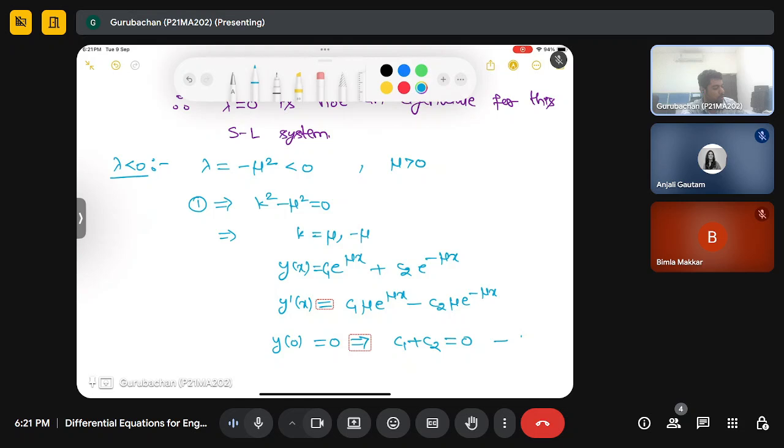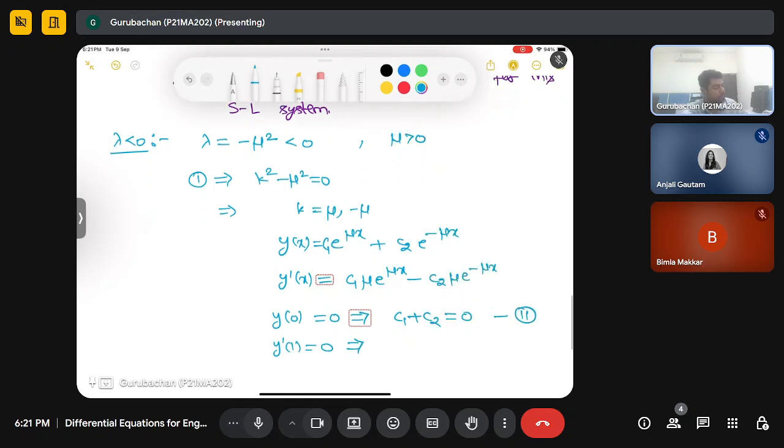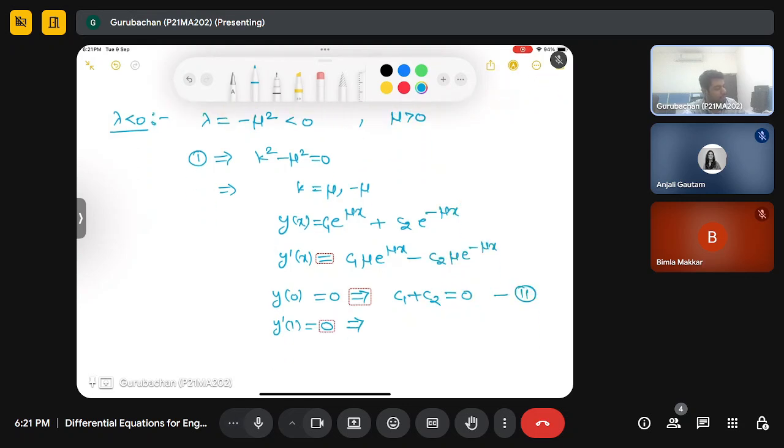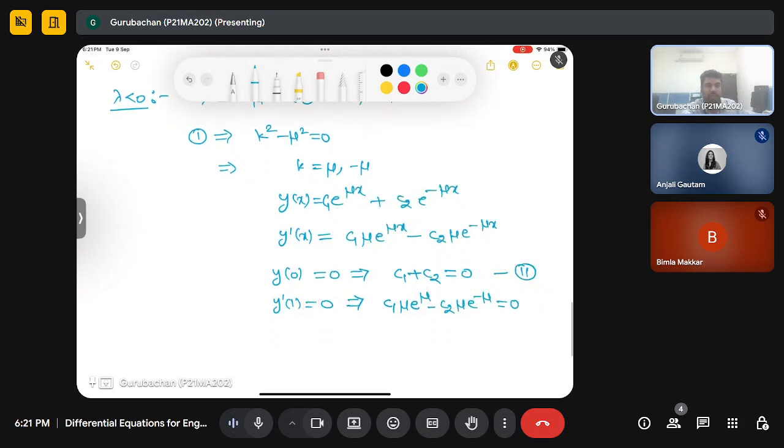So suppose this is your equation number 2. y dash 1 is 0. So this will give you c1 mu e to the power mu minus c2 mu e to the power minus mu is 0. What you can do is either solve for c1, c2, or otherwise you can see the determinant.